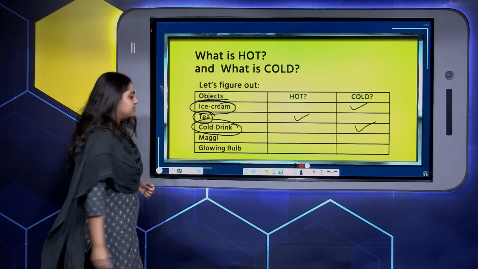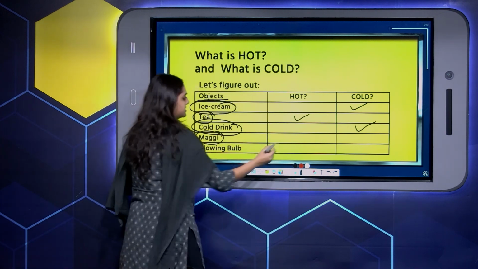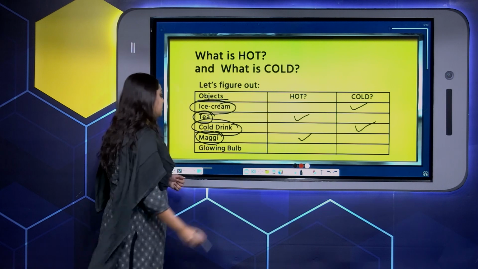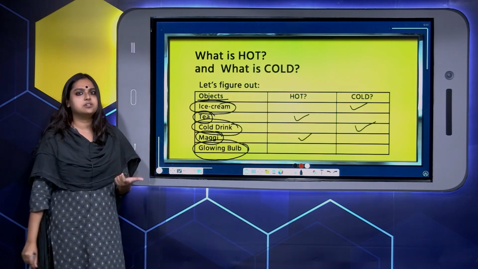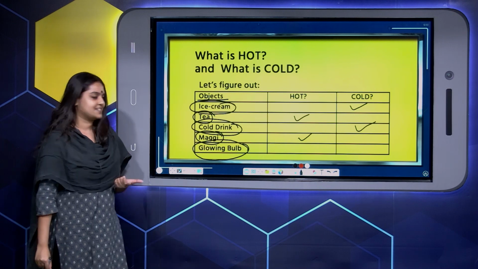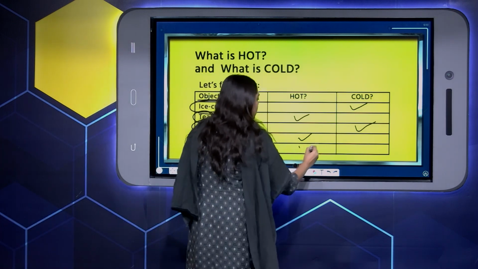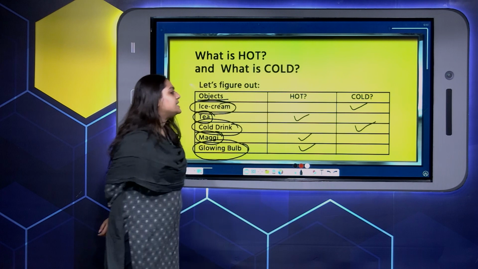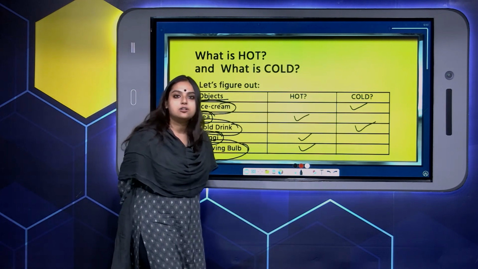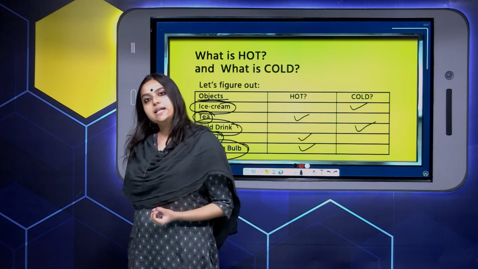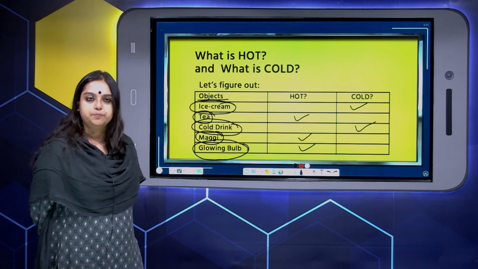Maggie is hot. Glowing bulb, have you tried touching a glowing bulb? It's hot. So, from these objects, we find that certain objects are hot and certain objects are cold.